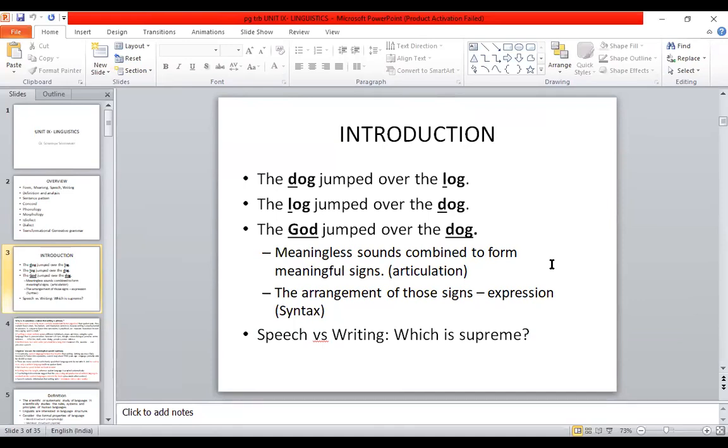So these meaningless sounds combine to form meaningful signs. This is what I wanted you all to understand: all these letters are meaningless sounds.